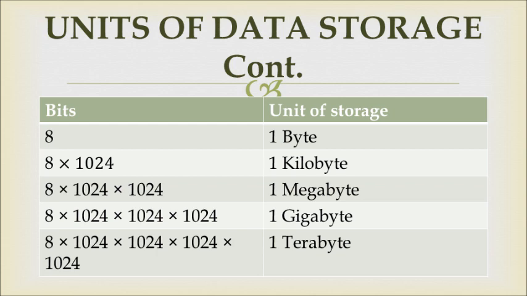So we can say 8 times 1024 bits make 1 kilobyte. 8 times 1024 times 1024 makes 1 megabyte. 8 times 1024 times 1024 times 1024 makes 1 gigabyte. 8 times 1024 times 1024 times 1024 times 1024 makes a terabyte.